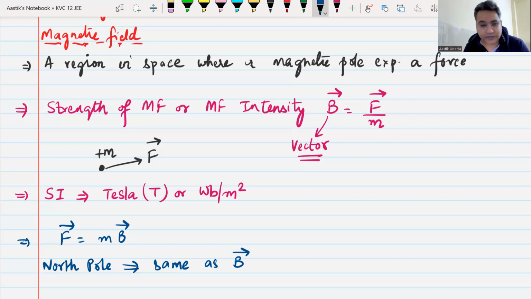There is no negative pole here. South pole will experience force in the opposite direction to that of the magnetic field. We understand this? Everyone understands this?